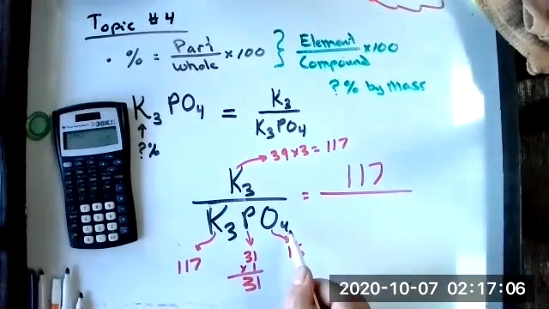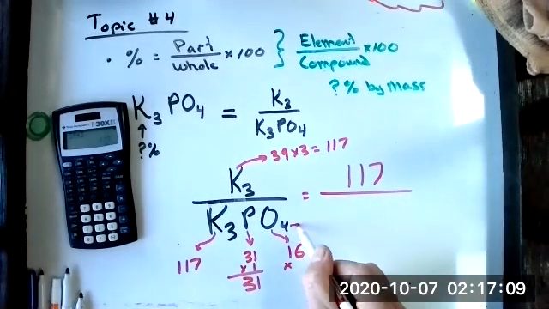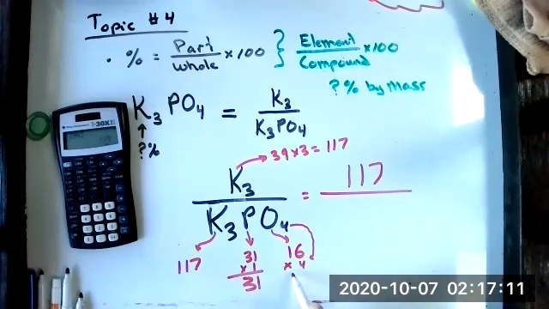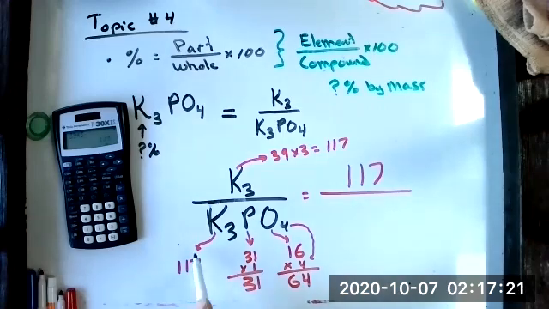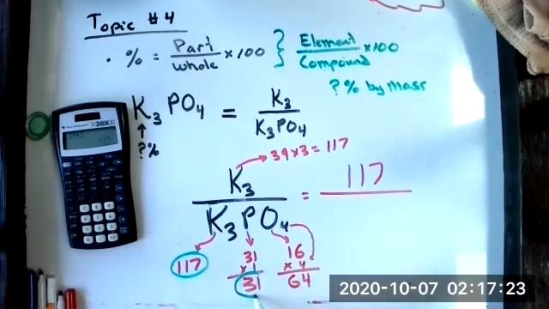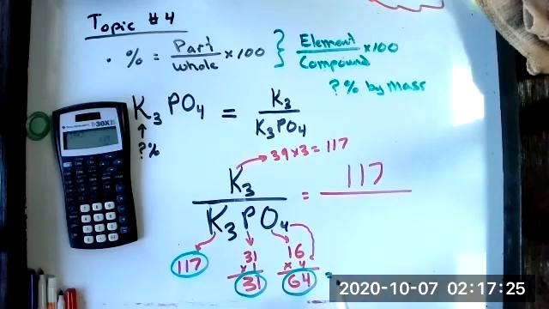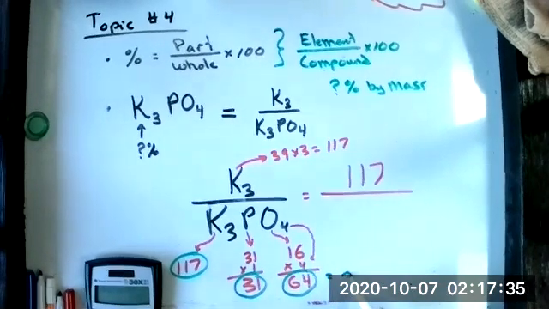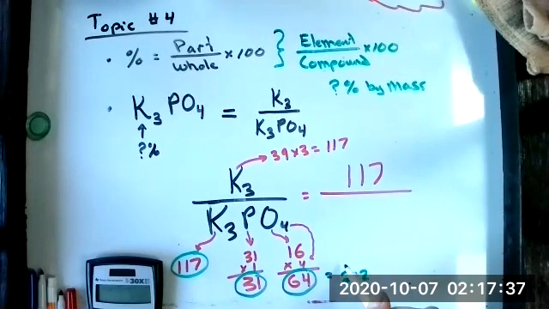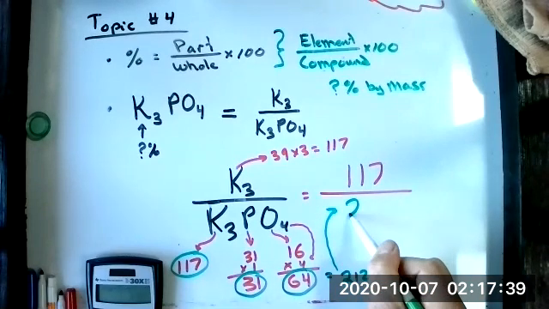Second thing, I got 4 of those guys now. 16 times 4 is 64. Total, you better add them up. 117 plus 31 plus 64. Cha-ching! 212. That 212 is the total.